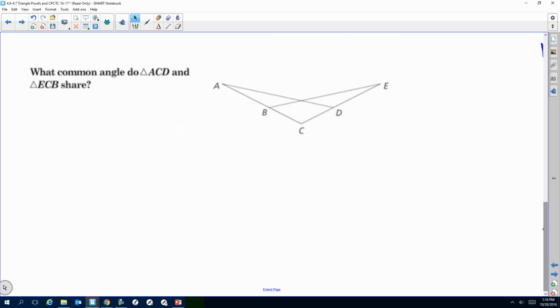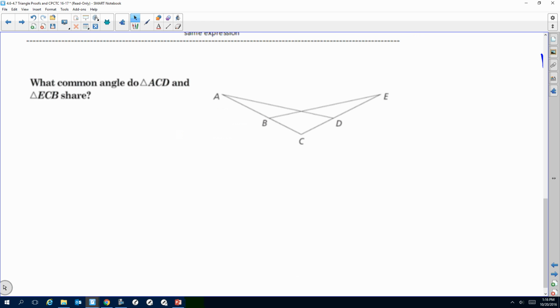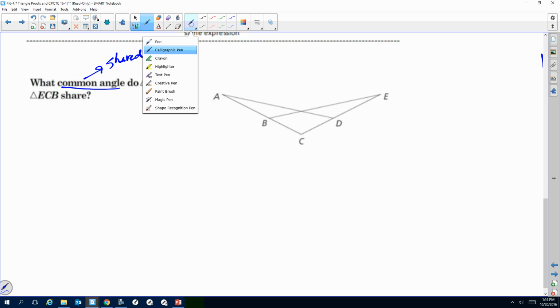All right, so a couple things. First thing, common angle is just another way of saying shared angle, okay? Common angle is the same thing as shared angle. Now, I'm going to do two different colors, two different highlighting, so you can see what happens with overlapping. All right, so we're looking at triangle ACD.